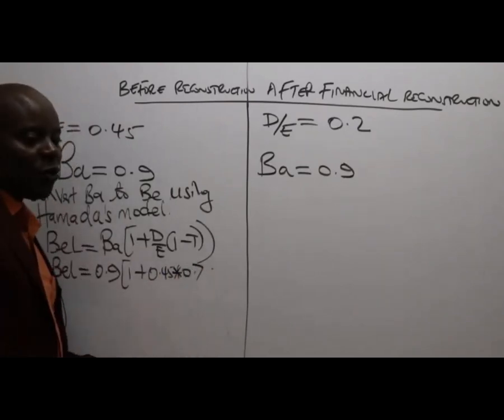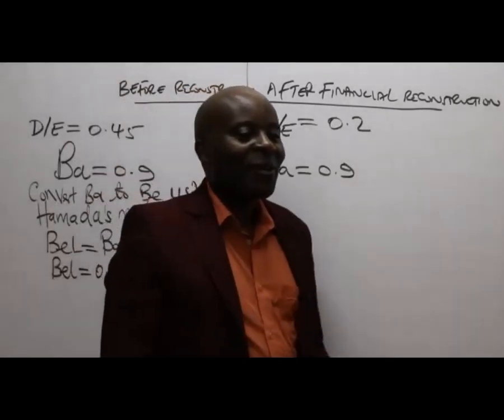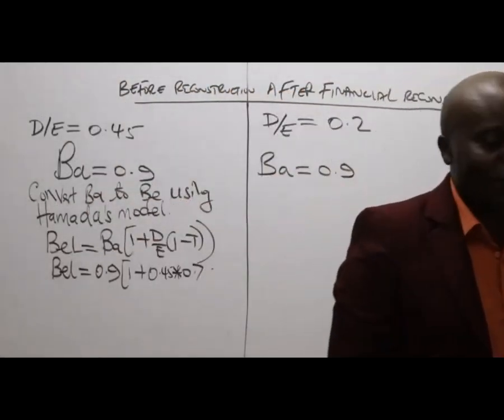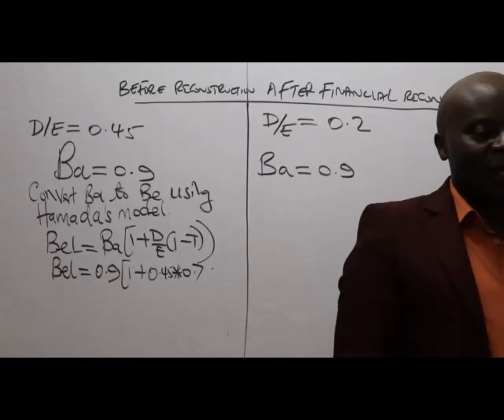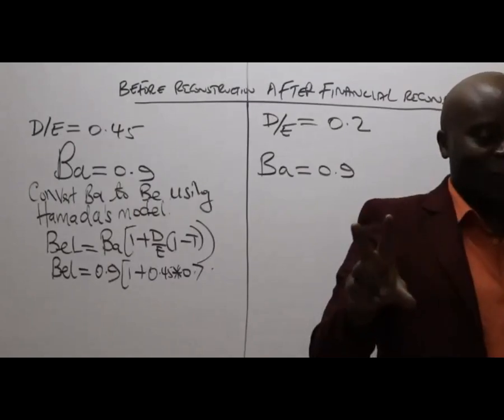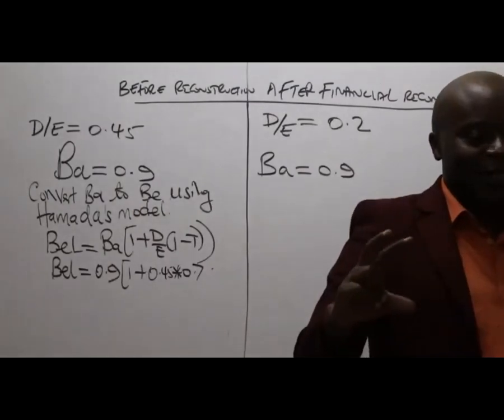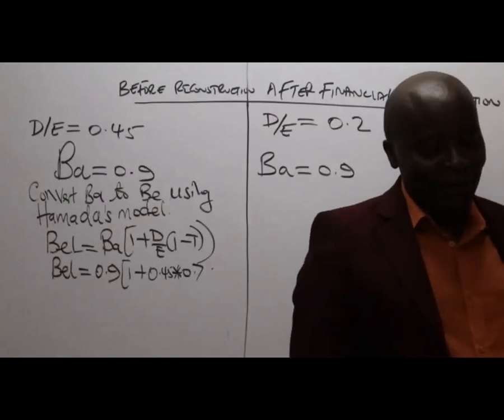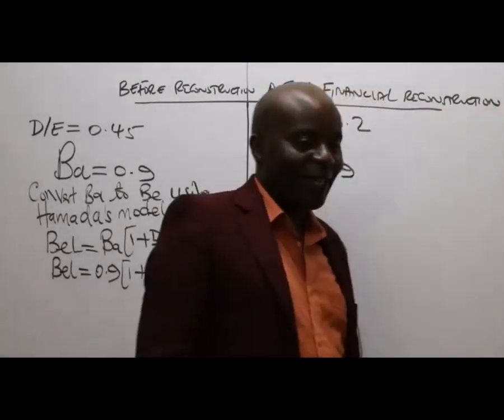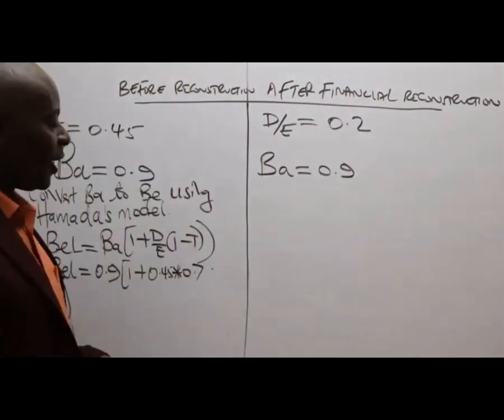You haven't yet seen where I got 0.7 from. It's because of 1 minus taxation, and the tax rate given here is 30%. So 1 minus 0.3 gives me 0.7.